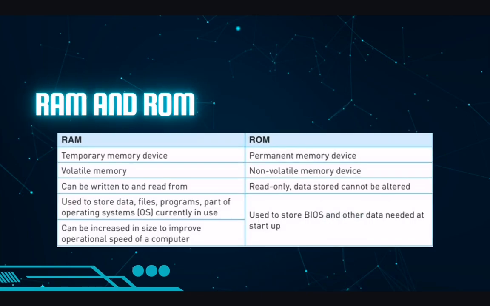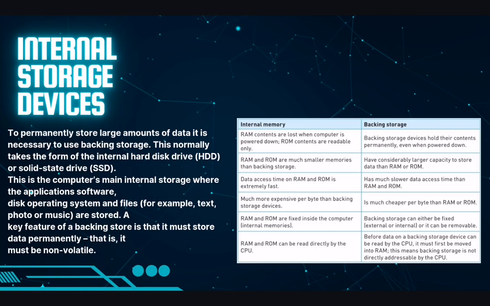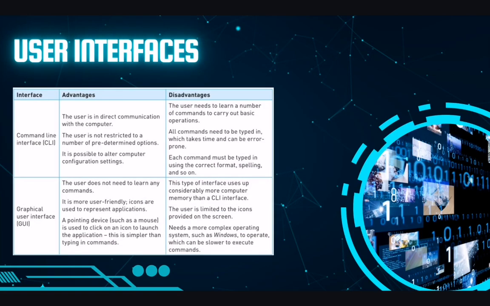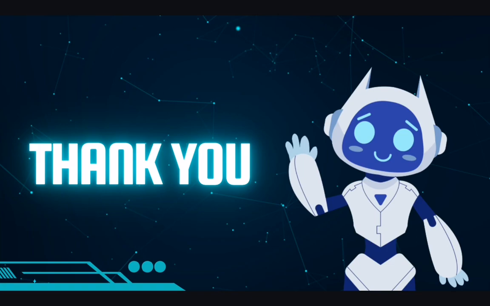Then we have looked at the internal memories, RAM and ROM, their disadvantages, their comparisons, and then the internal memory and backing storage comparison, and what internal storage devices are and how are they used. Then we've looked at input and output devices. What do they mean? How do they work? And what are the comparisons? Then we have looked at the user interfaces, CLI and GUI. That's all, and thank you for watching.